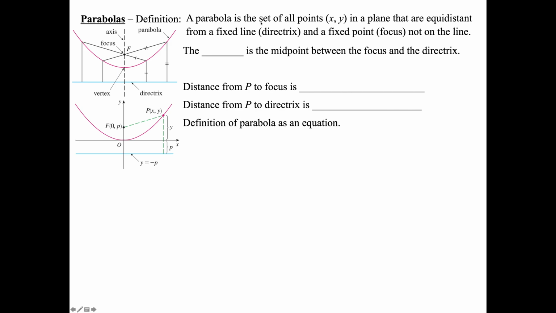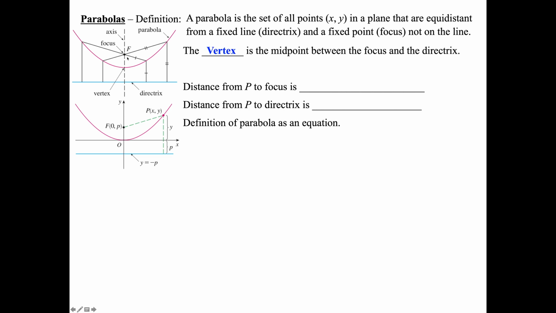A parabola is the set of all points (x, y) in a plane that are equidistant from a fixed line, that's called the directrix line, that's down here in blue, and a fixed point called the focus, not on the line. So here's your focus up here.